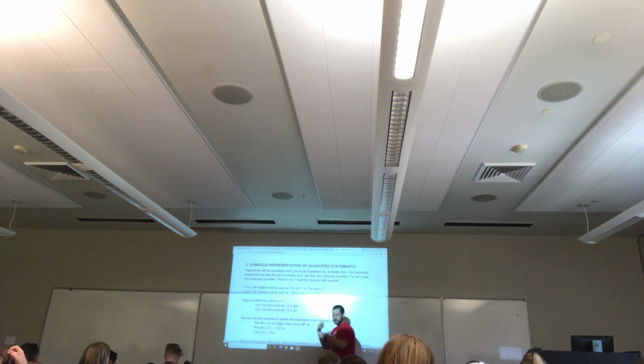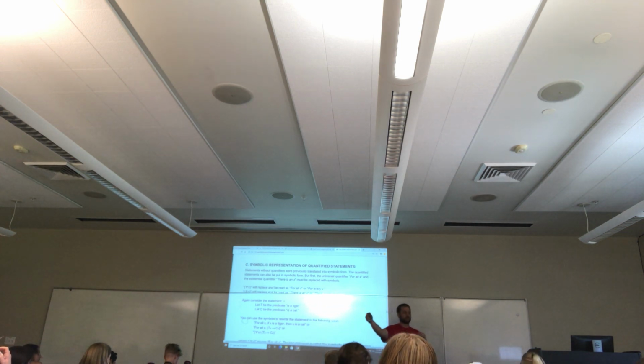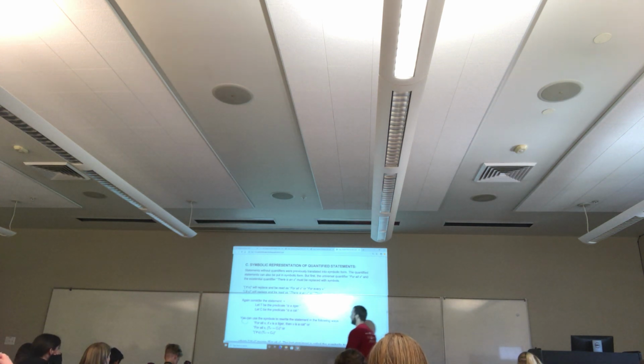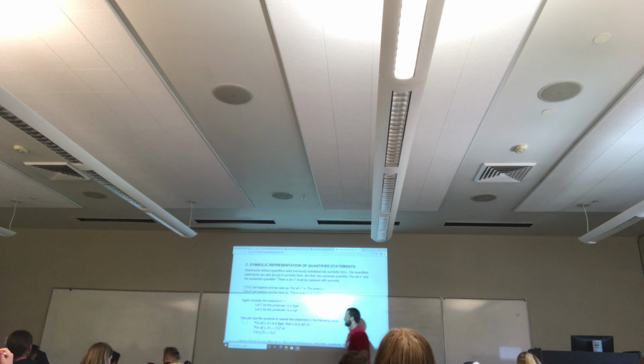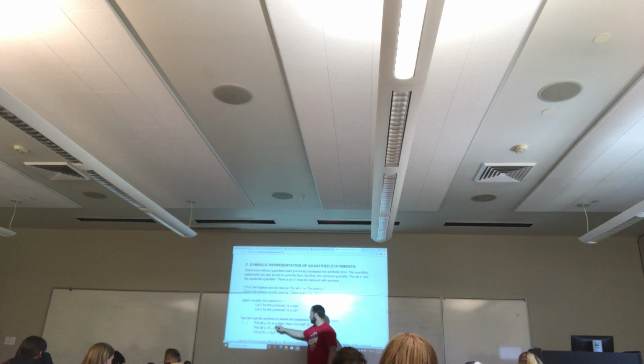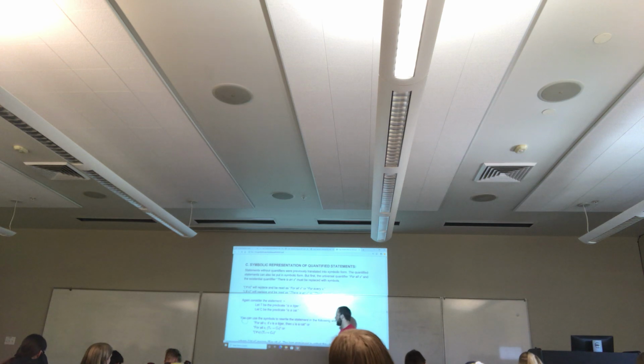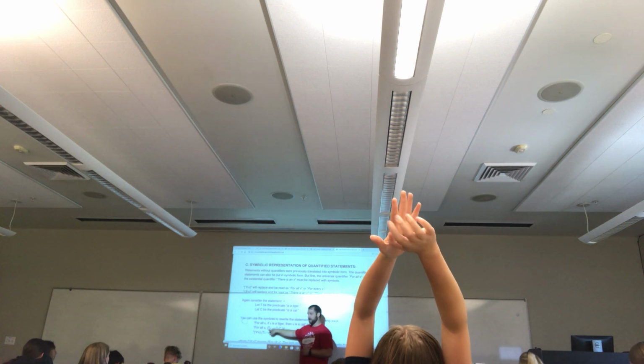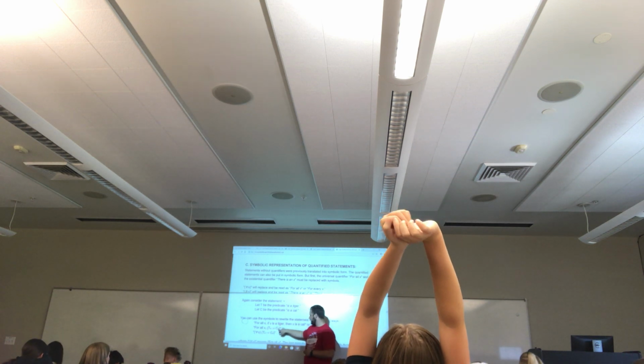So now we're going to use those symbols mixed with our existential quantifier symbol and our universal quantifier symbol and make some statements here. You can use the symbols to rewrite the statement in the following ways. For all x's, if x is a tiger, then x is a cat. To rewrite that, we can say, if x is a tiger, then x is a cat.